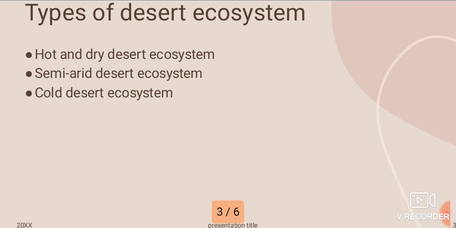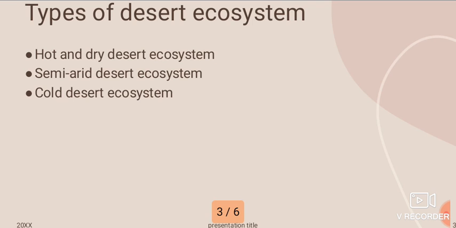Second type of desert ecosystem is semi-arid desert ecosystem, which is quite similar to hot and dry desert ecosystem, which means some of the characteristics in hot and dry desert ecosystem are similar to semi-arid desert ecosystem.